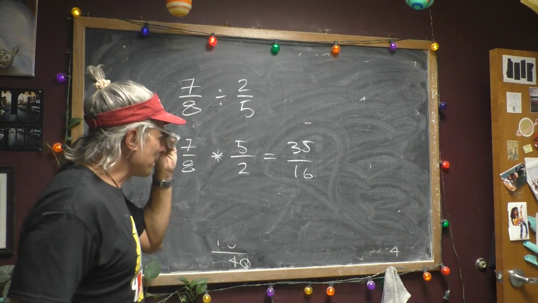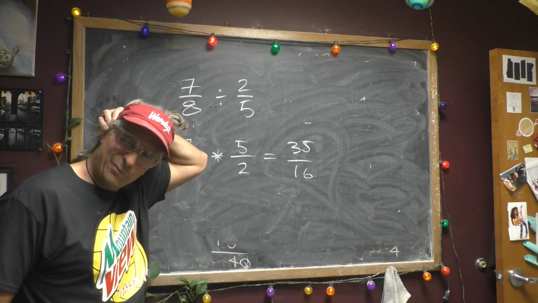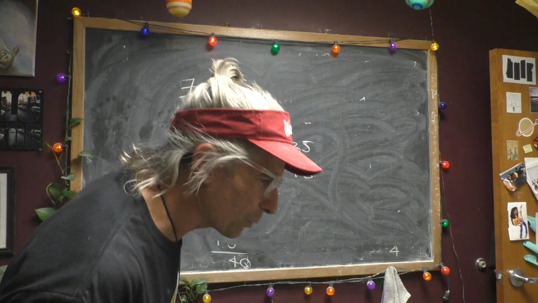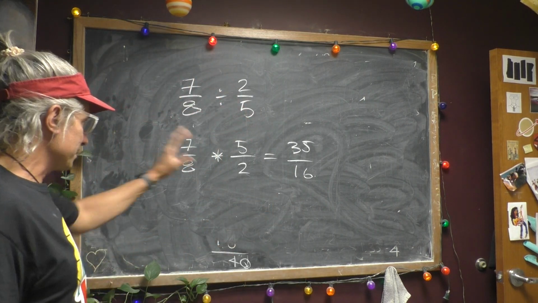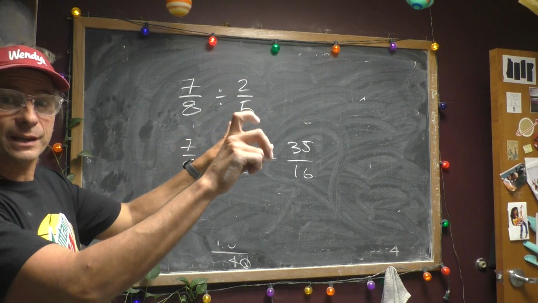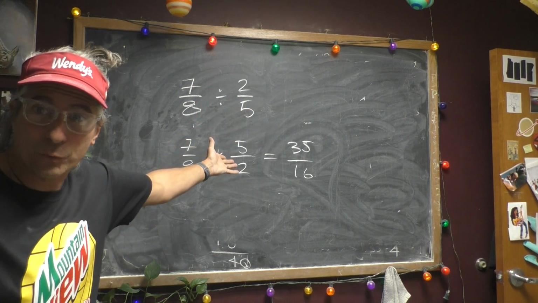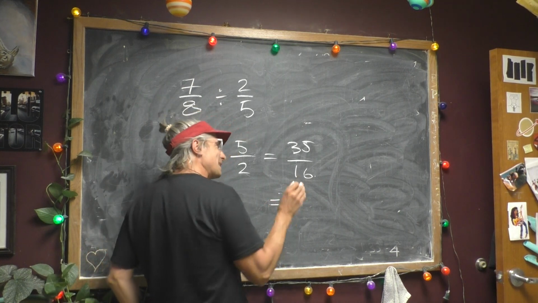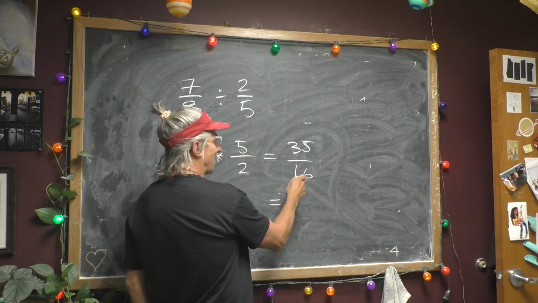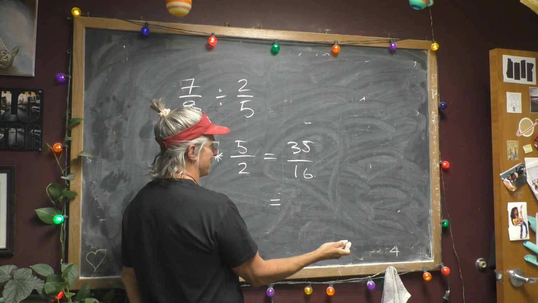which is equal to 35/16. So maybe this is what the instructions mean: reduced and unreduced fraction. That is unreduced. That is an improper fraction, as they call it, which I hate that name. I think there's nothing wrong with that fraction at all. But then you can also write it as a mixed number, which means divide the 16 into the 35.